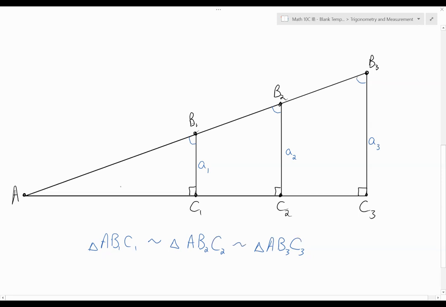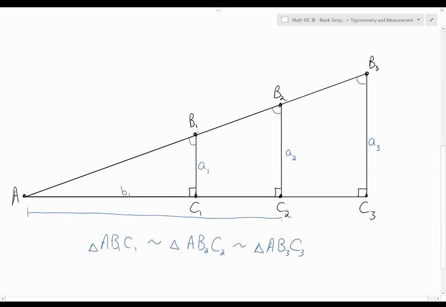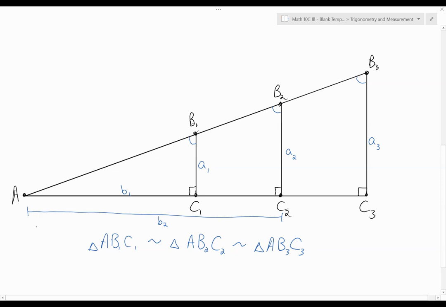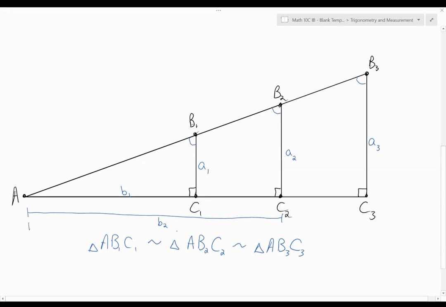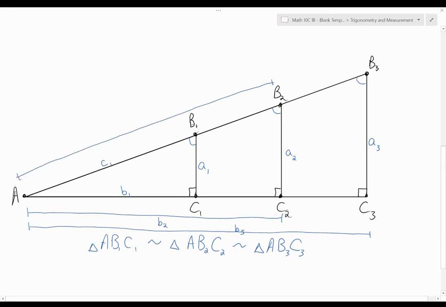I've got B1 as this shorter side. B2 will be this entire length right here. And B3, I haven't left myself much room, but B3 right here will be that whole length. And as well for the hypotenuse, I've got C1, C2, and C3 for the full length.